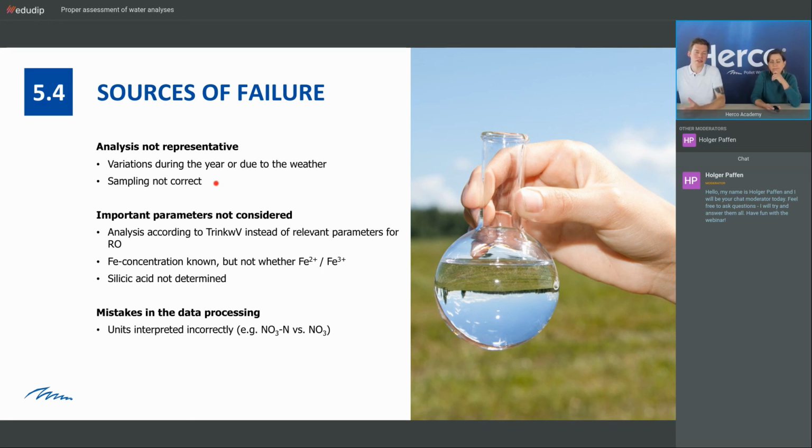So not cooled, during transportation or stored too long. These are really problems that occur, or the wrong bottles used for the sample. There are different bottles that you can use for samples, like glass bottles that need to be filled completely, or other bottles. Or also interpreted incorrectly.